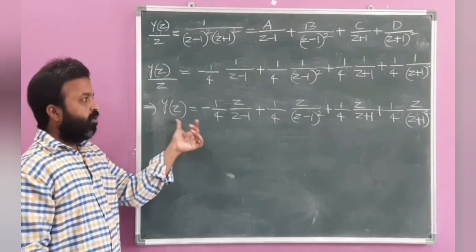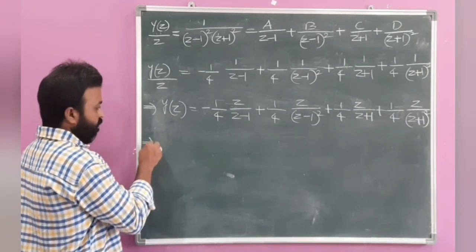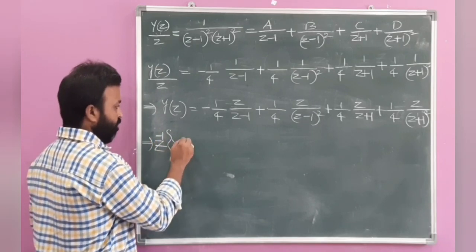To get yn, we apply inverse z transform on both sides. Then we apply inverse transformation. We have z inverse of y of z.